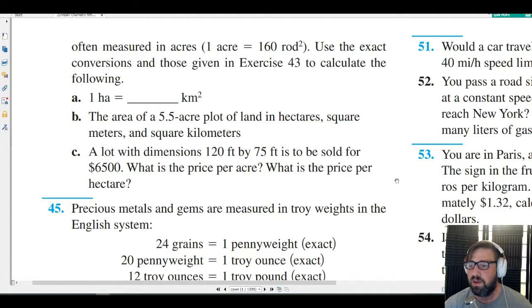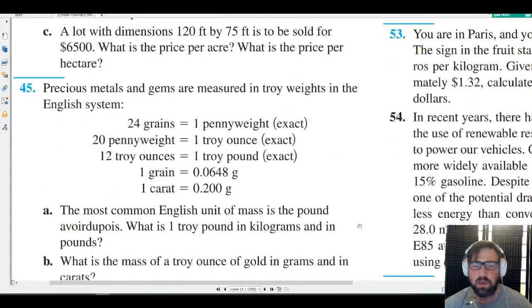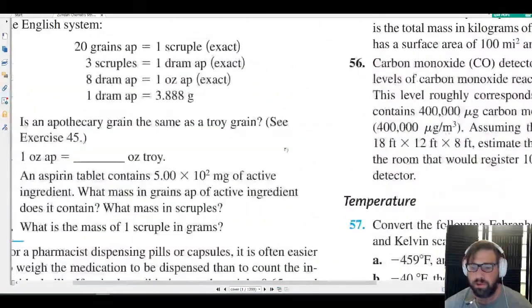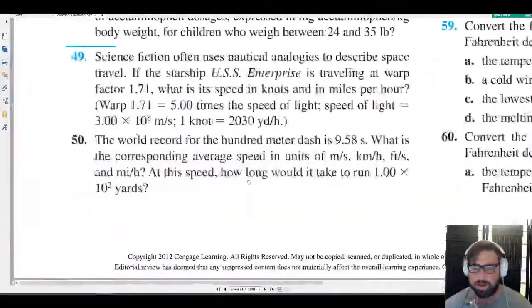If you do that, you get used to using dimensional analysis, and it's going to help you a lot in the coming year. A lot of what we do is just converting units.